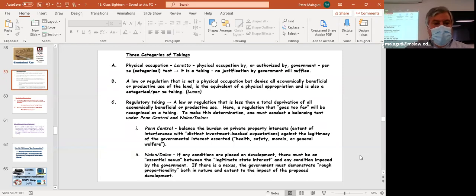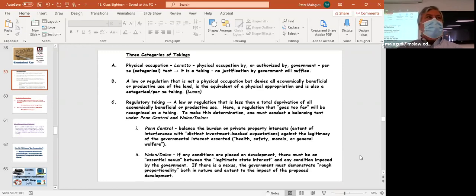And so what's on this slide, slide number 59, is what the Supreme Court has essentially done is break the analysis down into three categories, okay? The first is if the city or town allows the physical occupation of your property, that is a taking per se, a categorical taking.